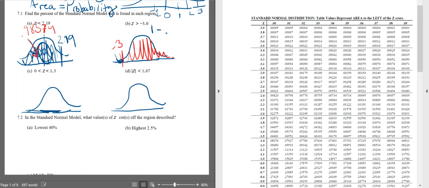So 1 minus, what's 3.01? 0.0013 5. That's written terribly, but hopefully you get the idea that if I'm going to do a right every single time, I'm going to be doing a subtraction. So I'm going to have to subtract it from 1. Now, this is only if you're going to use the table.